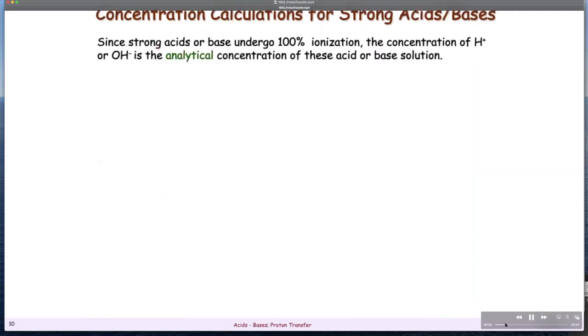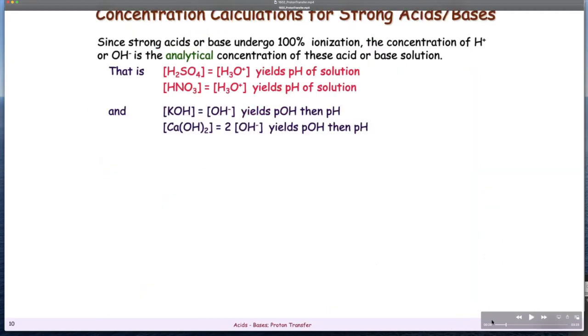And the way we recognize whether these things are strong acids or strong bases is by recognizing their ability to give off their hydrogen, and that's dictated by the equilibrium constant. Strong acids undergo dissociation 100% of the time. A strong base picks up hydrogen or donates hydroxide 100% of the time.